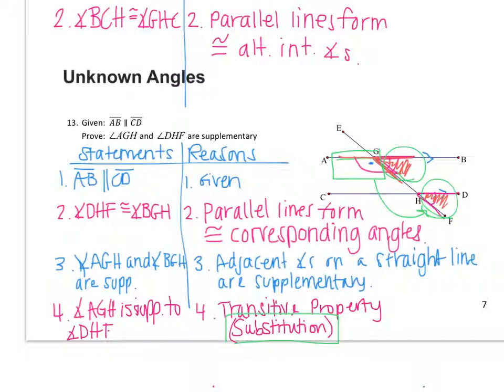I'm simply substituting angle BGH with angle DHF because they're congruent. So again, substituting these two angles, swapping them out with one another to show that angle AGH is supplementary to angle DHF.